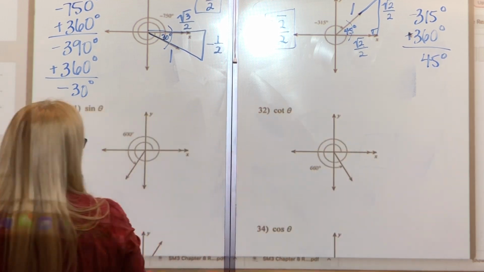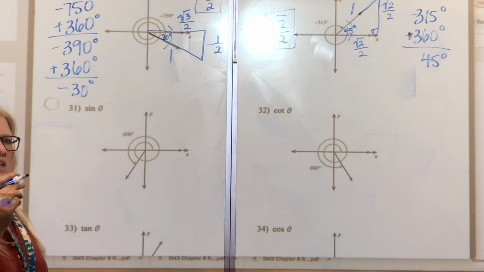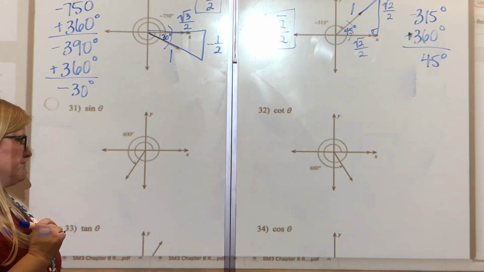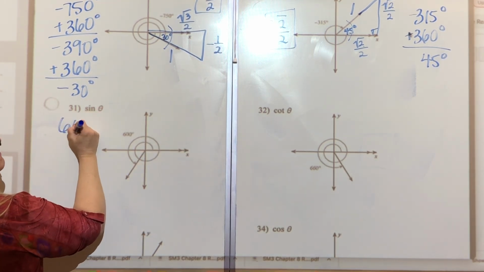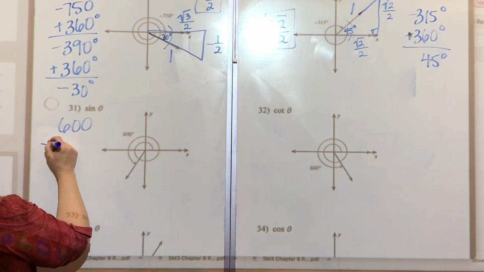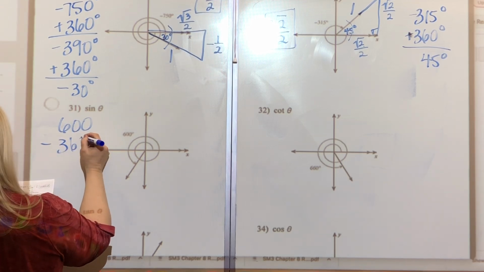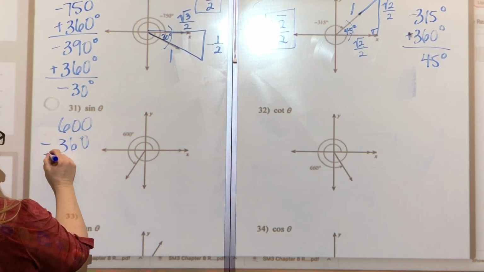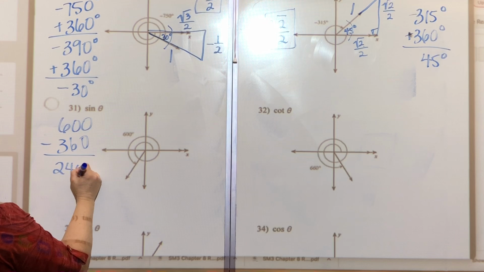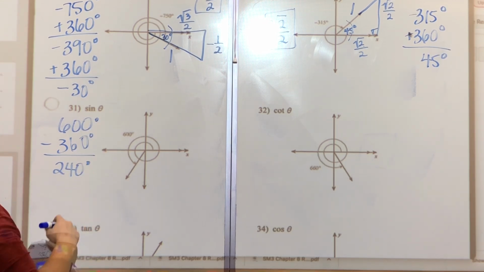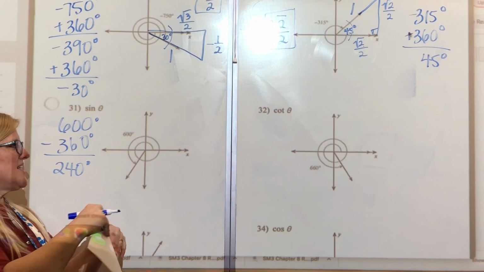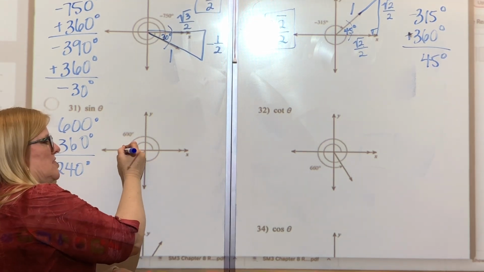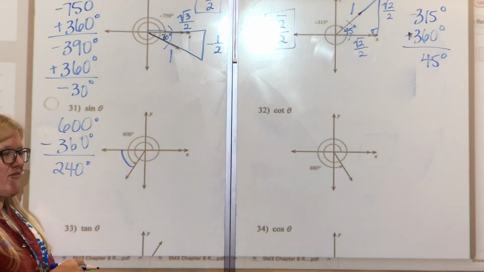Okay, here we got another one. A lot of very curly ones. So I'm going to uncurl it. 600 minus 360 gives me 240. But I've noticed with this one that I've gone past 180. I need to come back to 180 to get my reference angle.